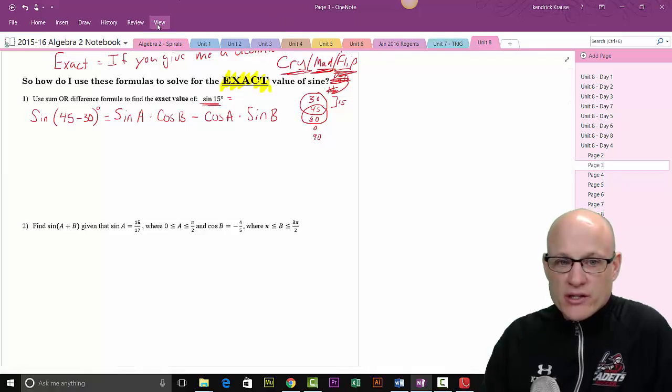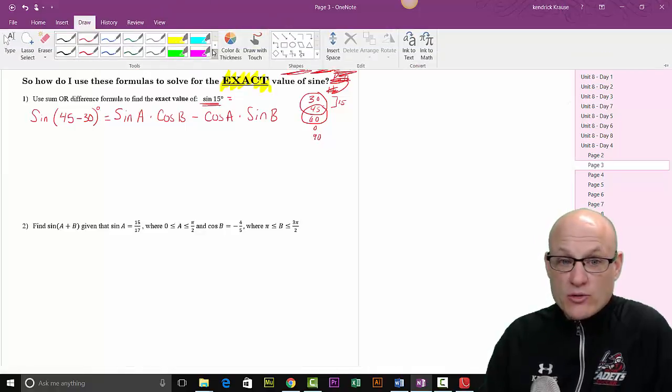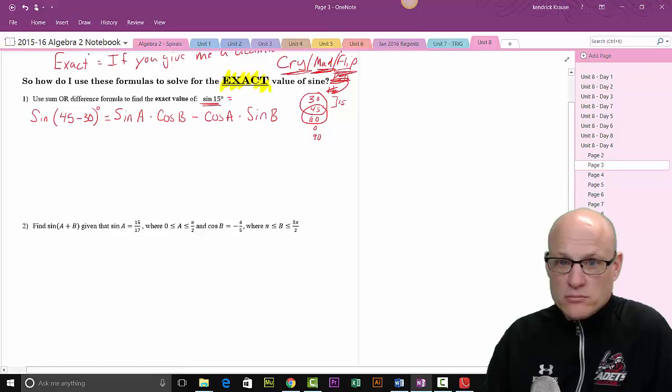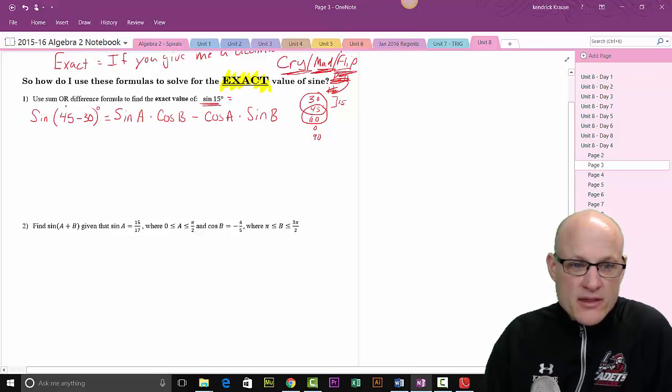Oh, we need to bring out the cool pen. I'm going to bring the purple cool pen. This is A, and this is B. So everywhere you see an A, we're going to put 45. And everywhere we see a B, we're going to put 30.